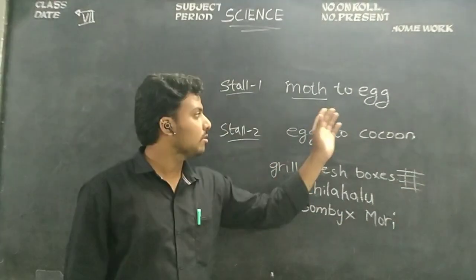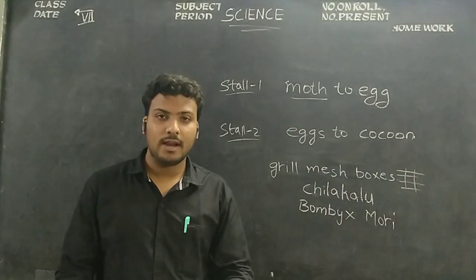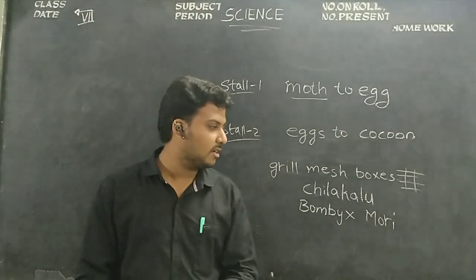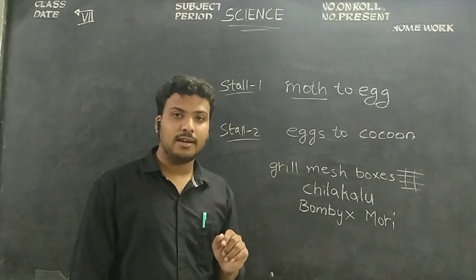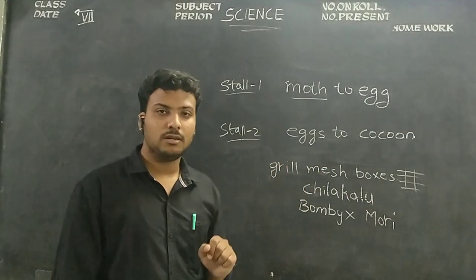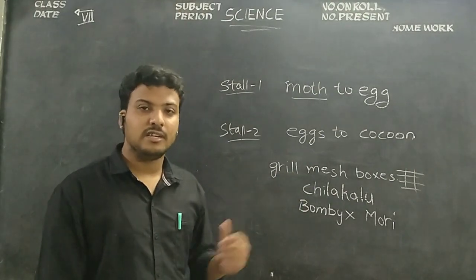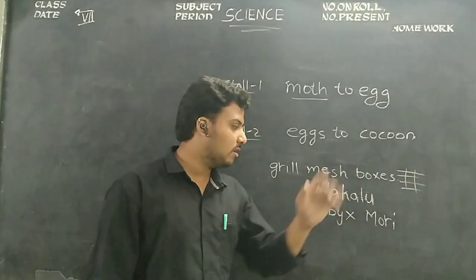Whenever they lay eggs, first of all we need to spread a white cloth or a piece of paper when they are going to lay eggs, children. A female moth lays around 500 eggs, children, in one turn. After laying all 500 eggs or above, it dies, children. Only one turn it lays eggs and it will die.